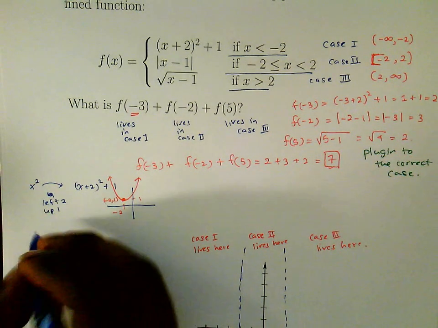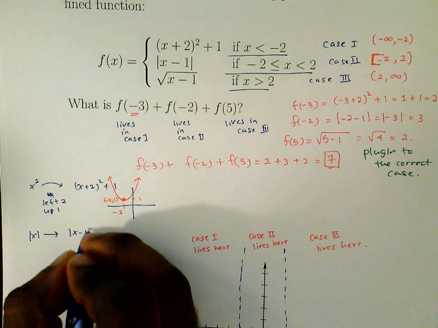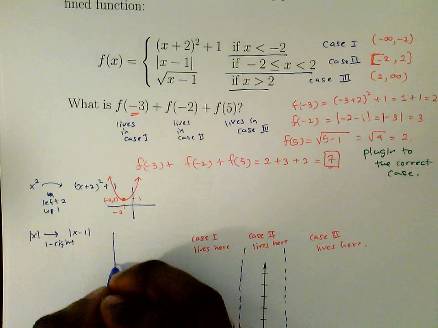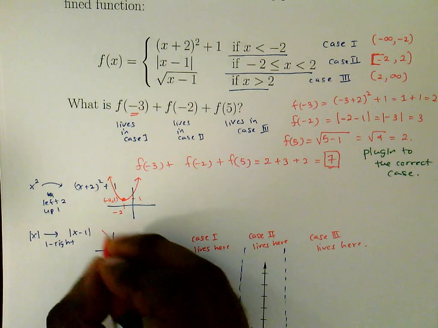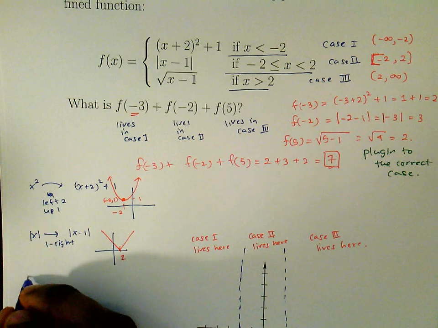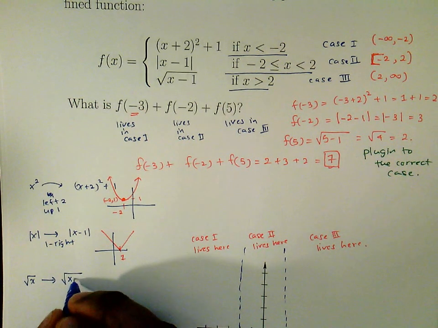The second case is the absolute value function moved 1 unit to the right. So the absolute value function is a V, and that V is moved 1 unit to the right, and you have that. And the third case is take the square root function and move it 1 unit to the right.